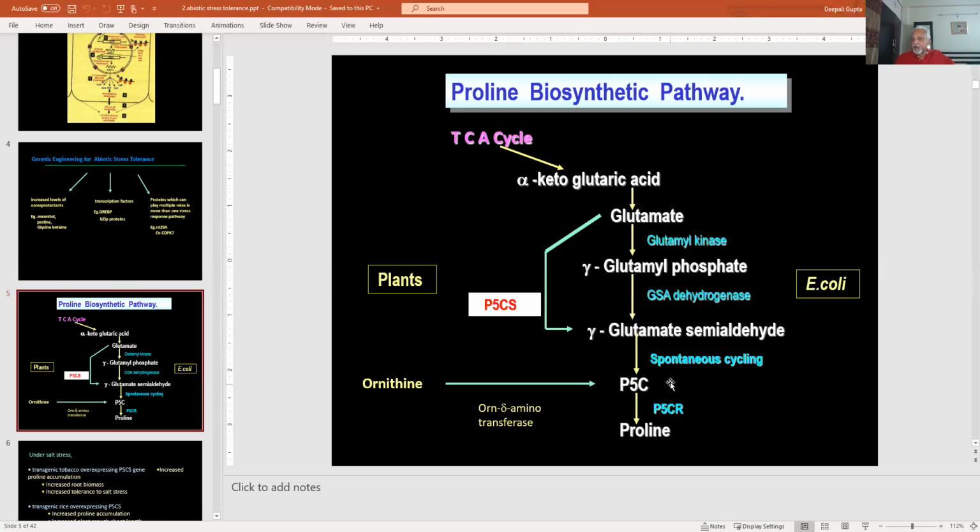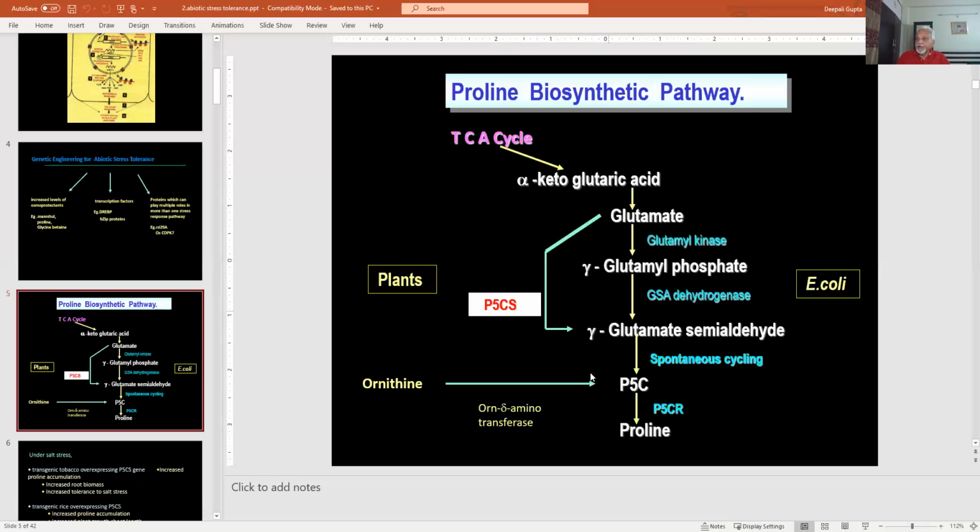And then they found a gene equivalent to P5CR, Pro-C, that was also there in plants. So basically, instead of three gene activities, in plants it's a two gene activity: a bifunctional enzyme P5CS and P5CR. And they also found that this enzyme or gene expresses more under stress conditions.